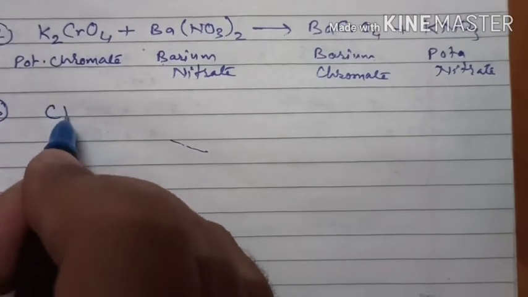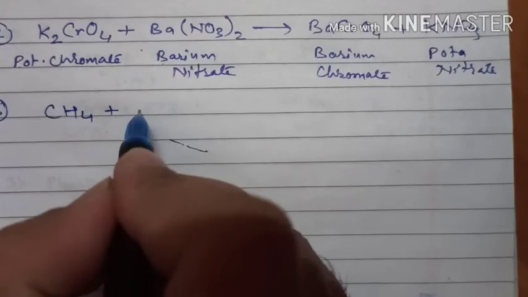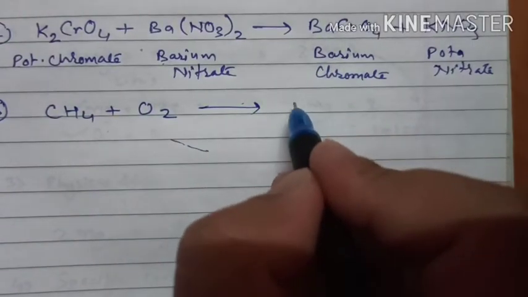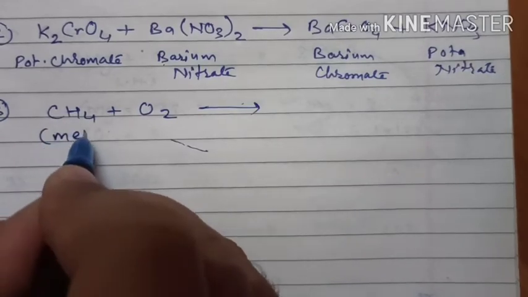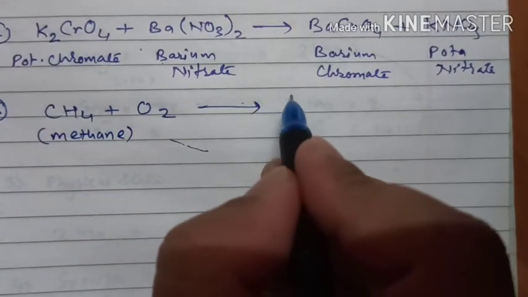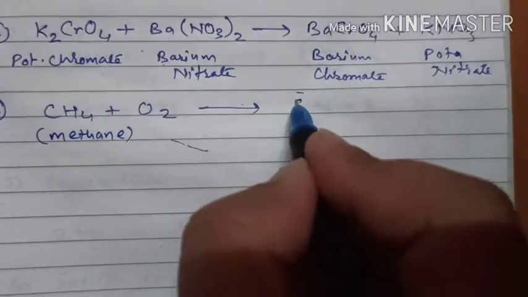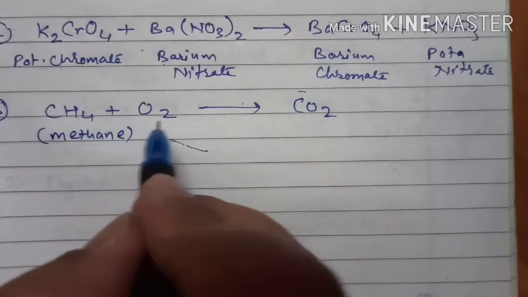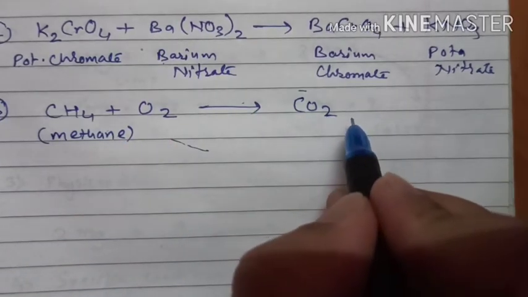And the next equation is this one. CH4, you know it very well, 10th standard student, this is methane. When methane reacts with oxygen, it is called a combustion reaction, burning of methane.